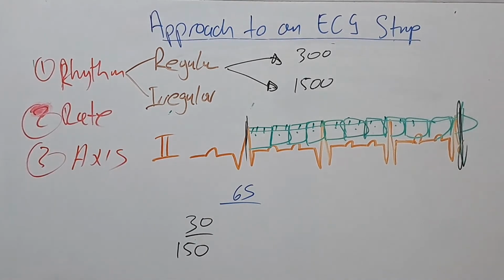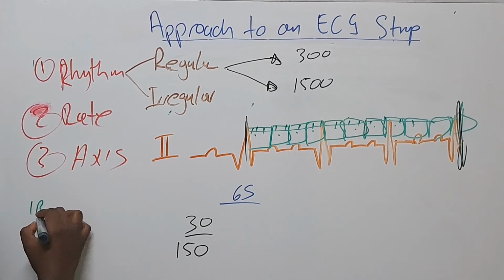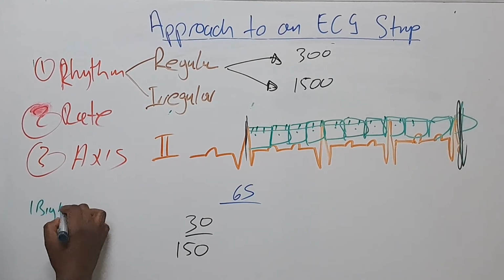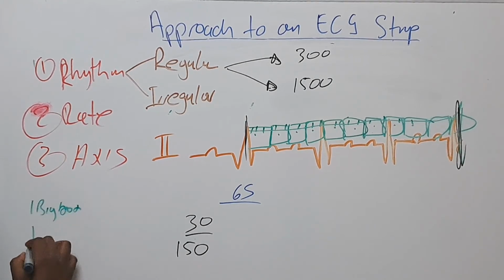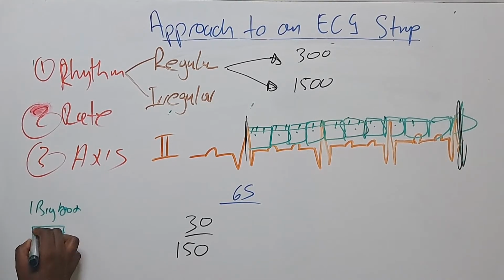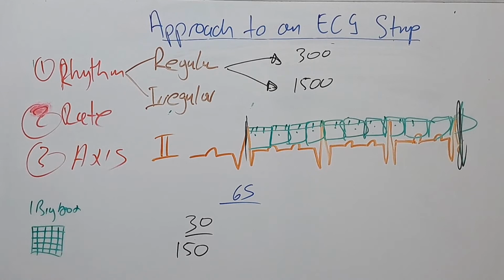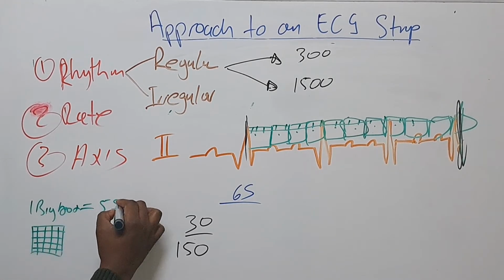because remember, one big box, which looks like this, is equal to 5 small boxes.